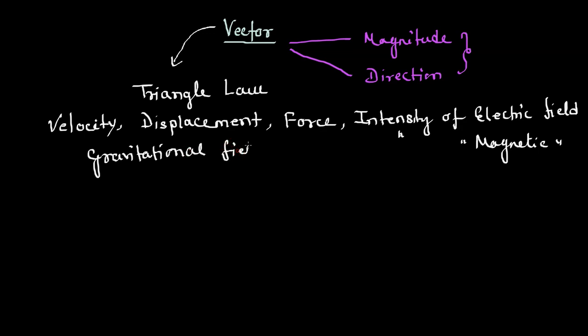These all are very important examples. So as mentioned, a vector has both magnitude and direction.